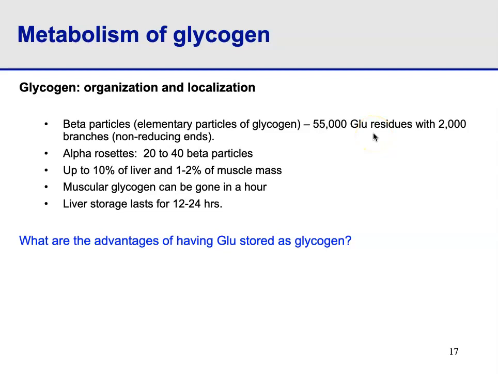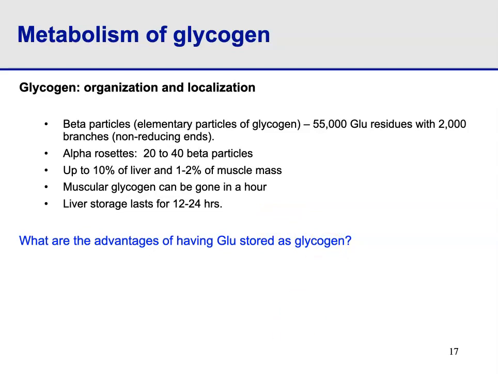I don't know if you remember when we talked about osmosis and osmolarity in chapter 2, I gave you that example where we asked basically the same question: why does the cell prefer to spend energy to polymerize glucose into glycogen instead of just storing glucose? The reason is osmotic pressure.